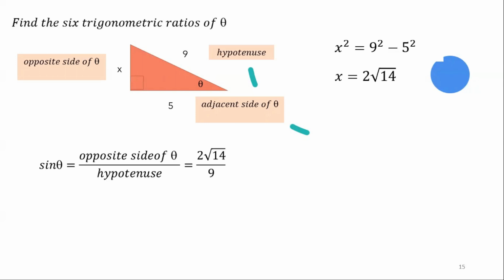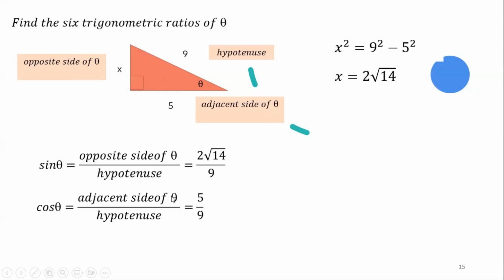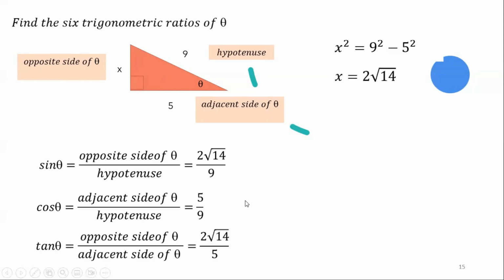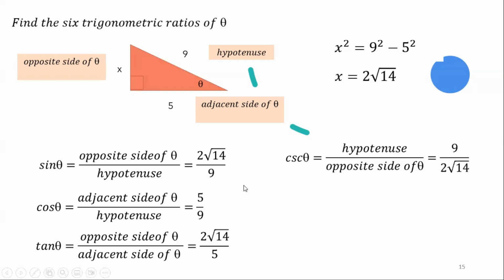So solving for the six trigonometric ratios, we start with sine, opposite over the hypotenuse, so 2 square root of 14 over 9. Cosine of theta is adjacent over hypotenuse, so 5 over 9. Tangent of theta is 2 square root of 14 over 5. Then cosecant of theta is hypotenuse over opposite side of theta, that is 9 over 2 square root of 14.